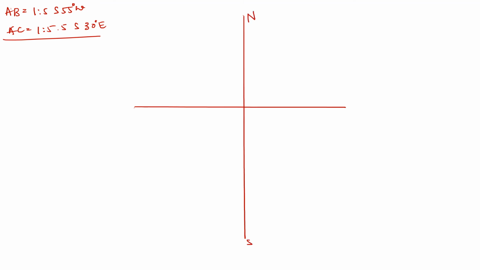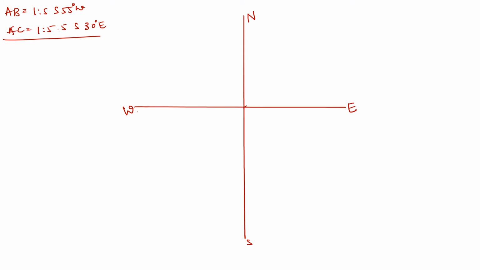We'll first draw the north south and east west lines. This is our north south, and this will be our east west line.